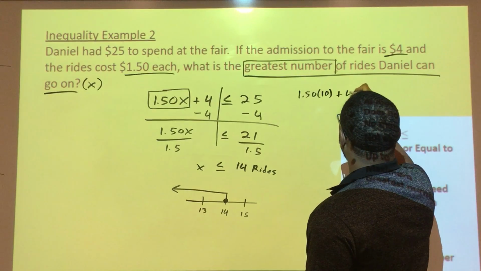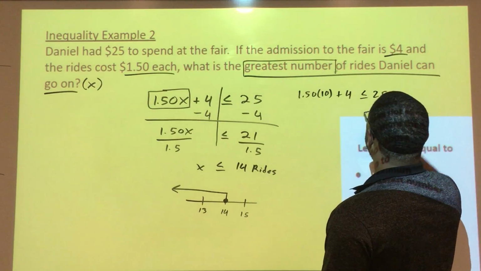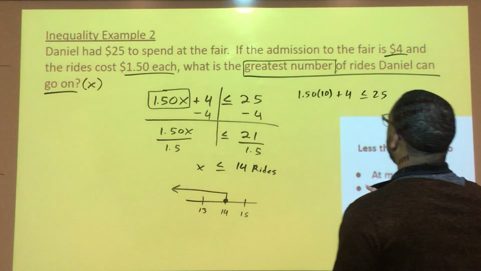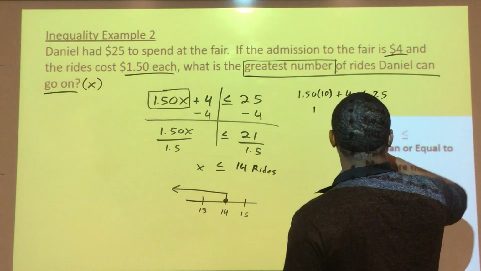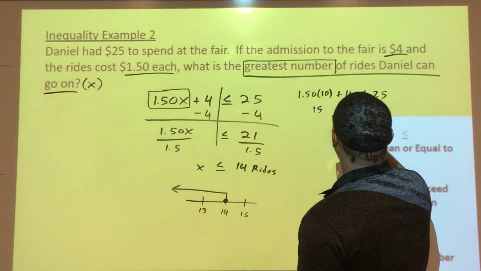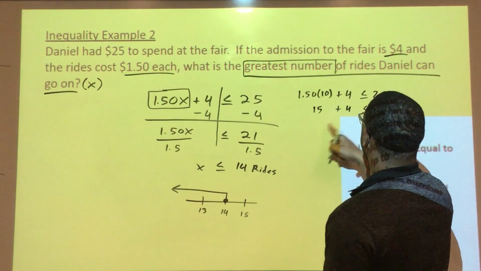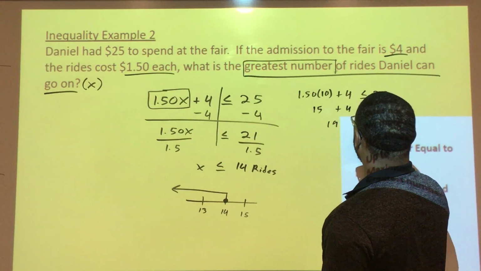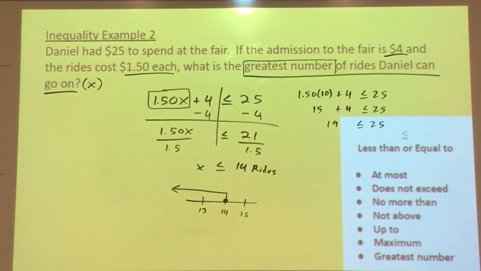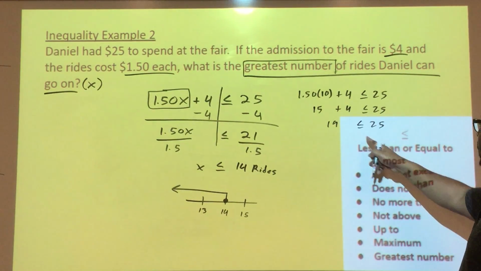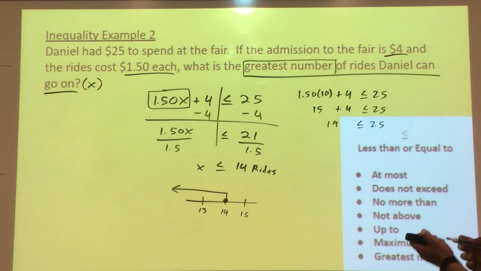He can ride 10 rides, and this inequality, once we solve it, will prove that. $1.5 times 10, that's going to give me 15. And then 15 plus 4 is 19. 19 is less than 25. So 19 is less than or equal to 25, so this inequality is still true.